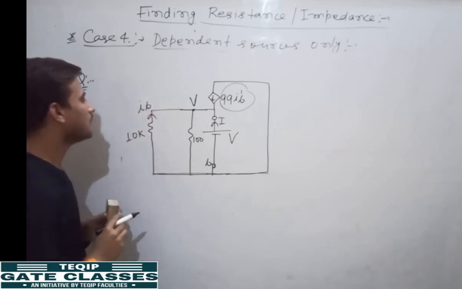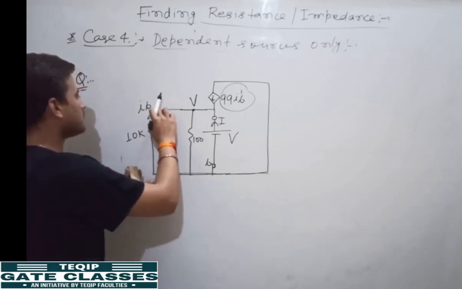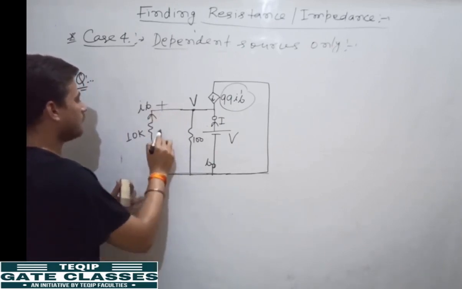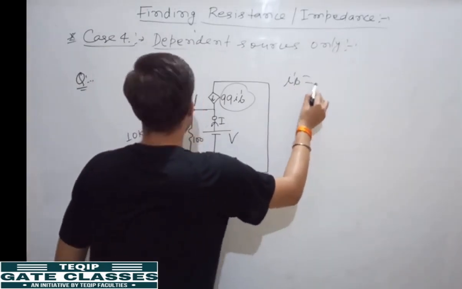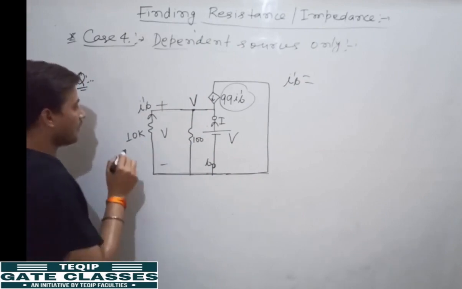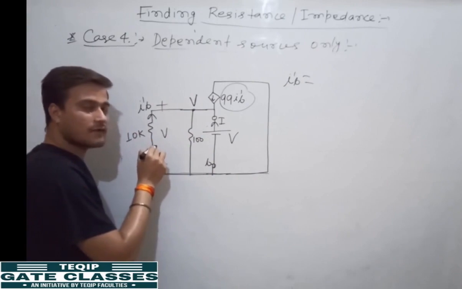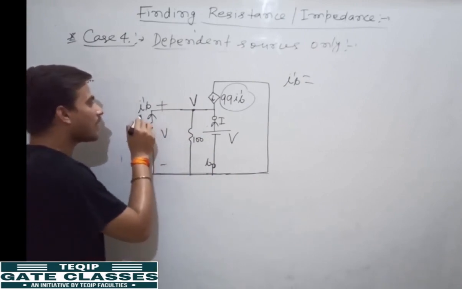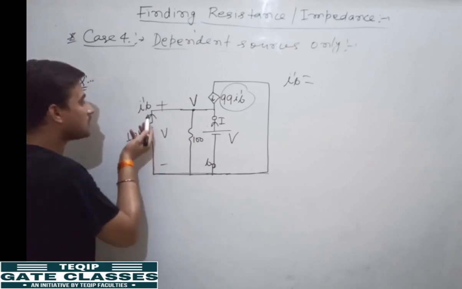Clear? Now if you find the value of this current, the total voltage is V minus V. The current is IB dash, so IB dash will be equal to what? If the direction of current was downward, then you can write IB equal to V by 10K. But here the current direction is opposite.